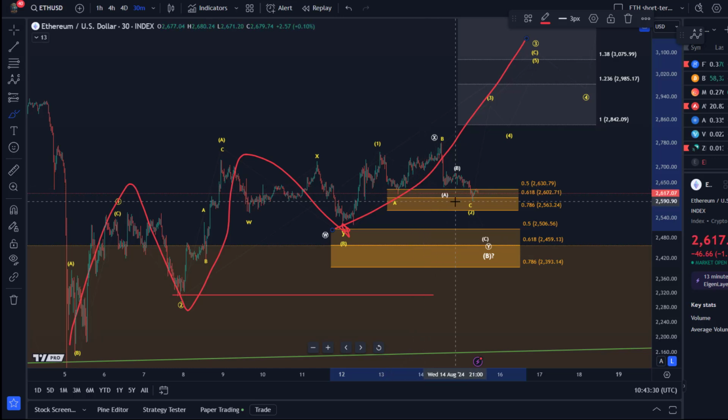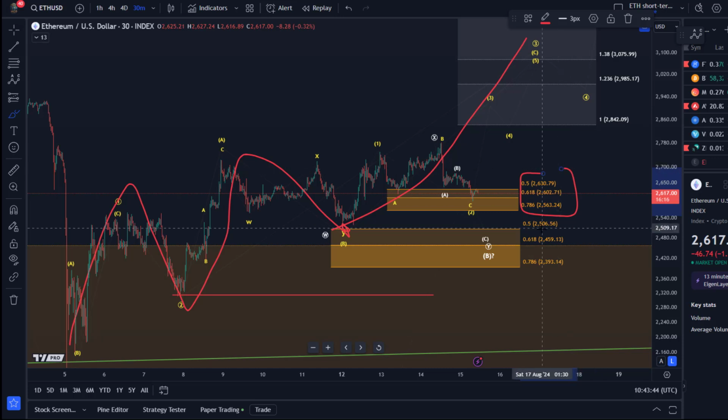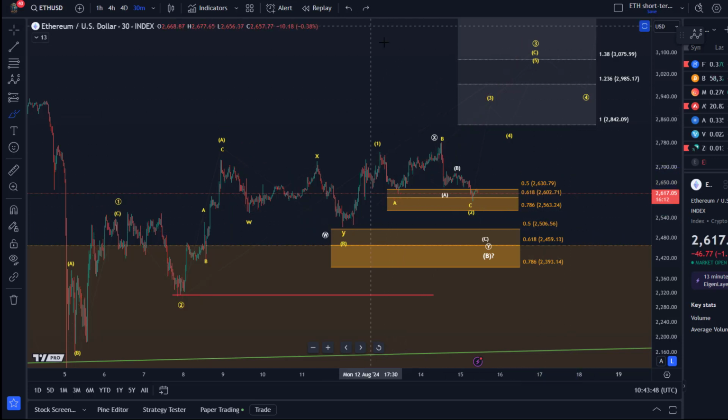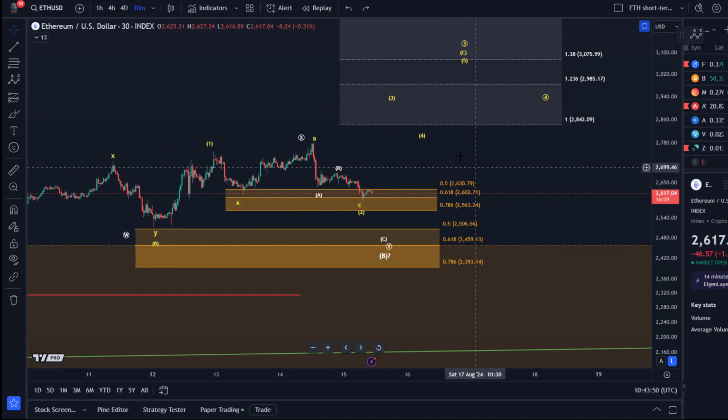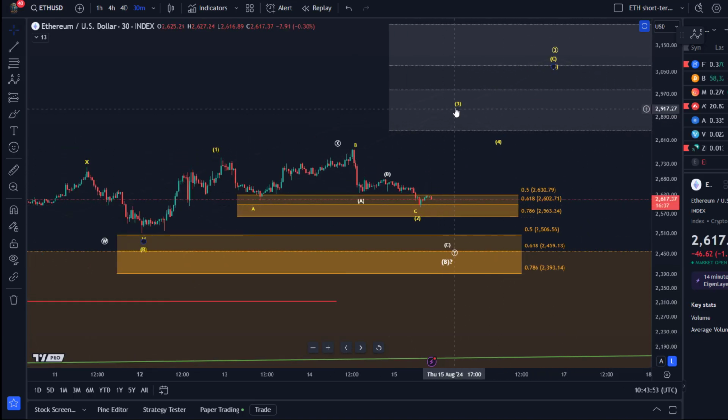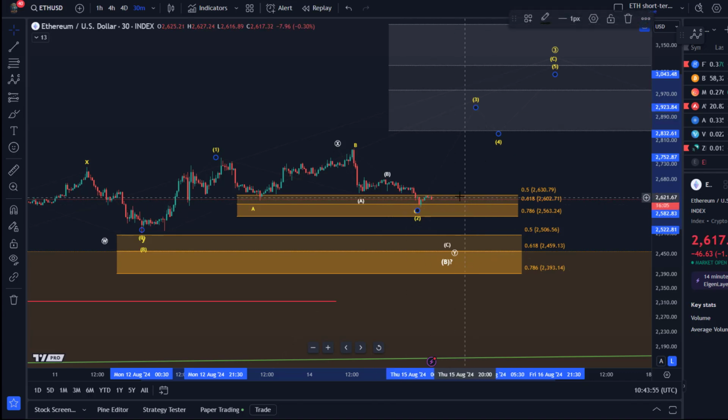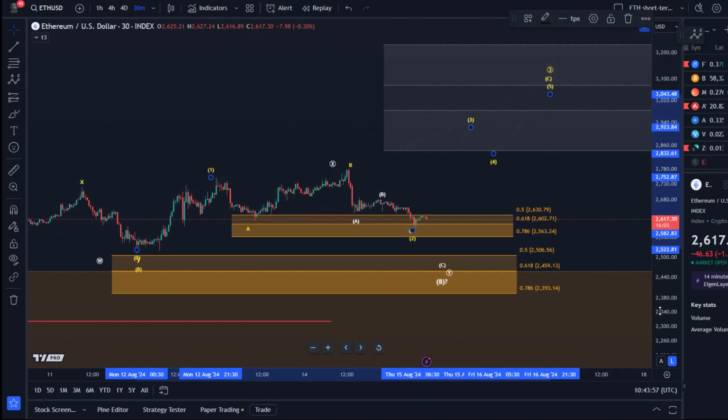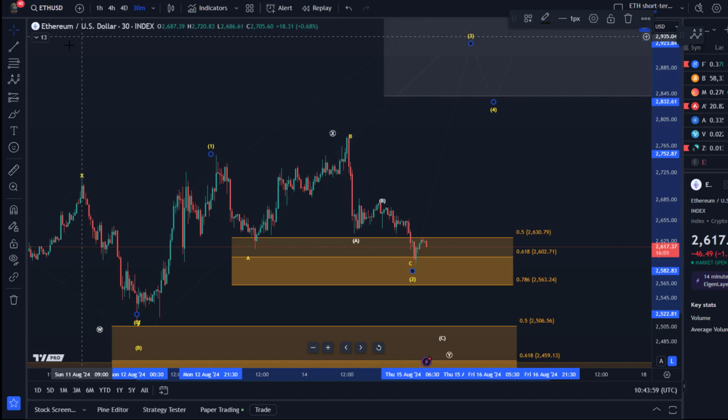Whatever it is, there is a micro support region, the upper support region, that will help us distinguish between the yellow and the white count. Bear in mind, the white count allows for a deeper pullback, and that support area is between 2,630 and 2,560. As long as we're holding it, we could be watching for possible reactions to the upside to start a third wave. That's not clear yet, and there's nothing that would indicate to me that this move up has started.